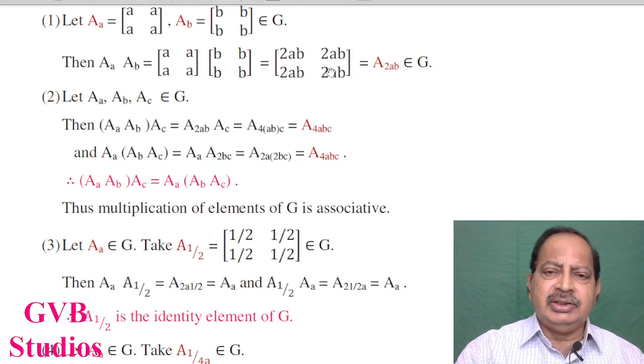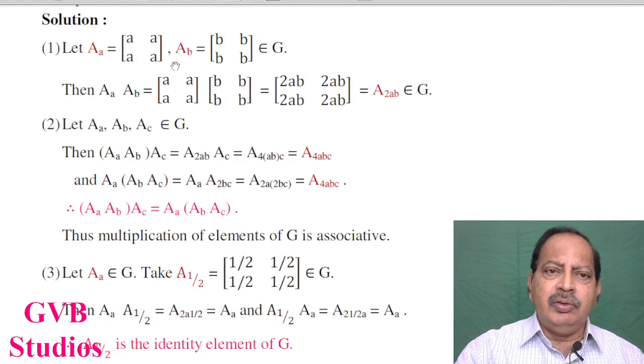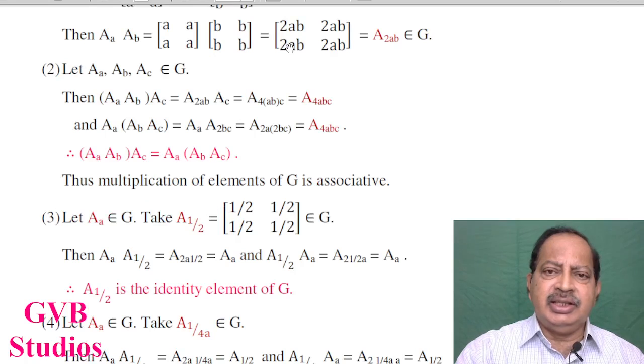Here I will write this matrix as A_{2ab}. The matrix with element a in all the 4 places is denoted by capital A suffix small a. Here in all the 4 places there is the number 2ab, so I will denote this by capital A suffix 2ab.